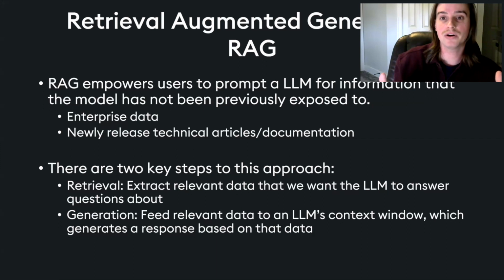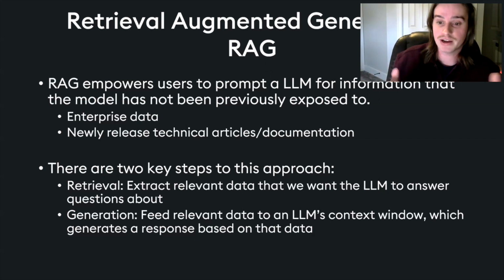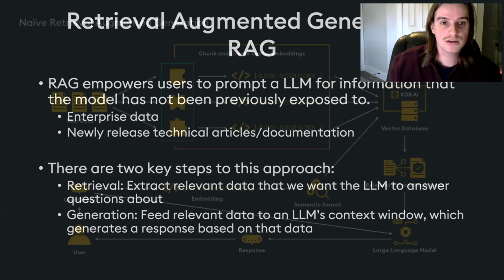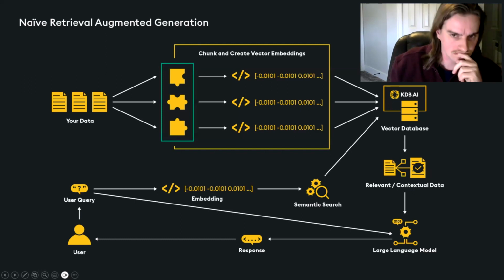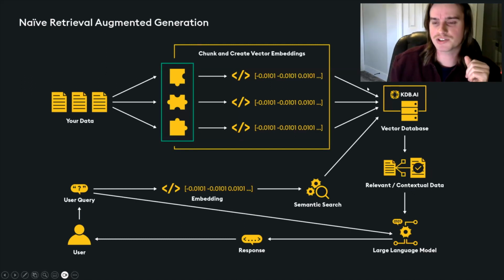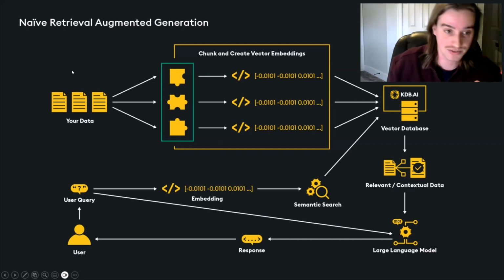So this is how you can introduce information that the large language model was not trained on, do it very fast and very effectively, and then enable the model to answer questions for our user about that data. If we look at this architecture, which hopefully will make this concept a little more clear, the first step is to load our vector database with vector representations of our data.